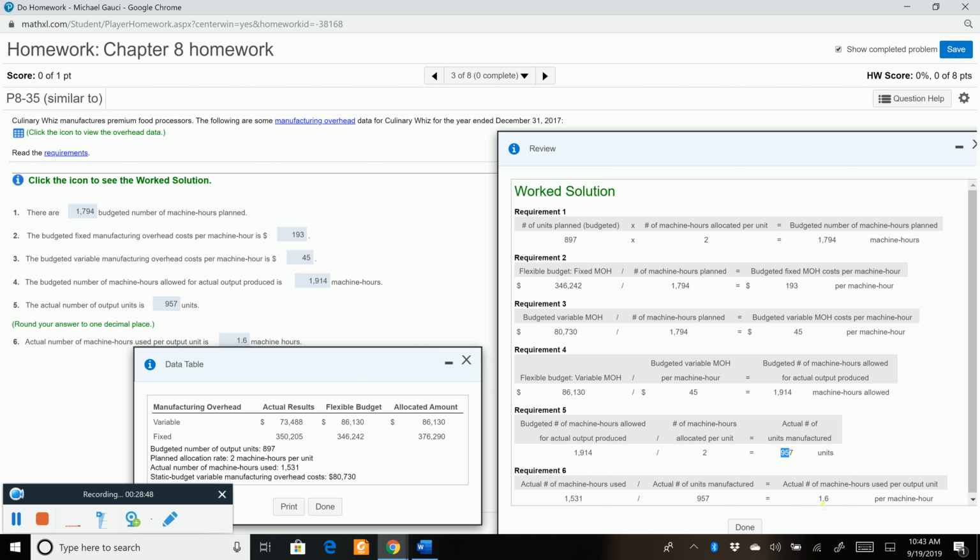So we actually used 1.6 machine hours per unit. And the budget was 2, so we did better. We were more efficient with our time for sure. So this is a favorable efficiency variance if we were going to go ahead and do that one step further. But that is not asked of us in this particular problem.